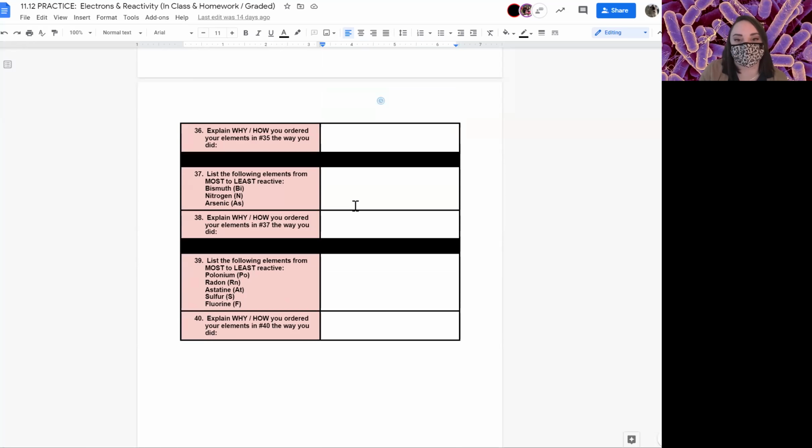All right, number 37. So now we're going to look at some nonmetals. List these from most to least reactive. Remember, nonmetals, we have to think opposite. Number 37, how would I list these?